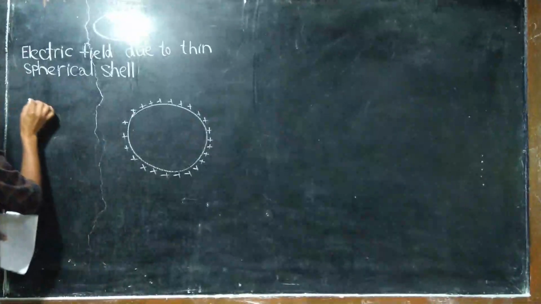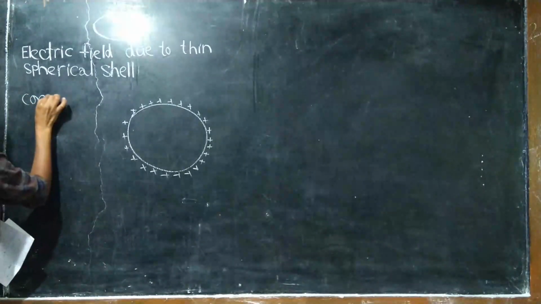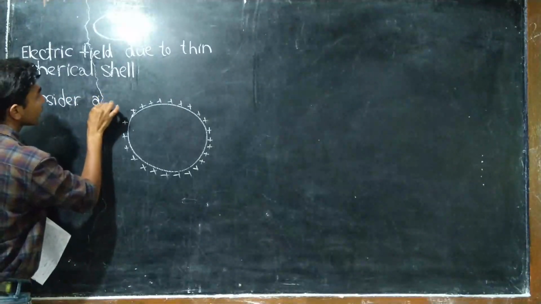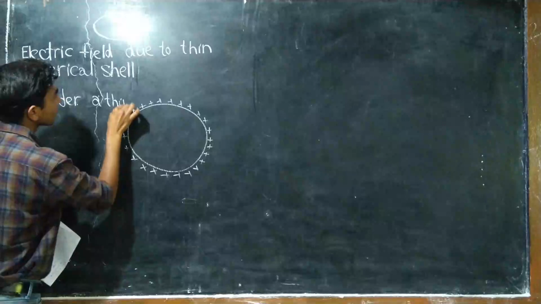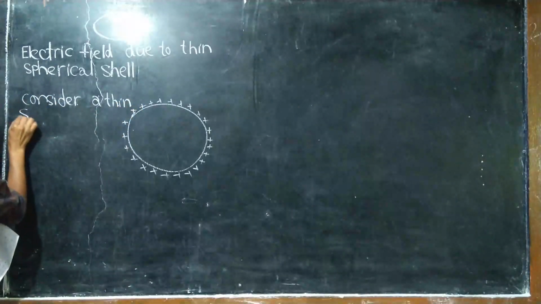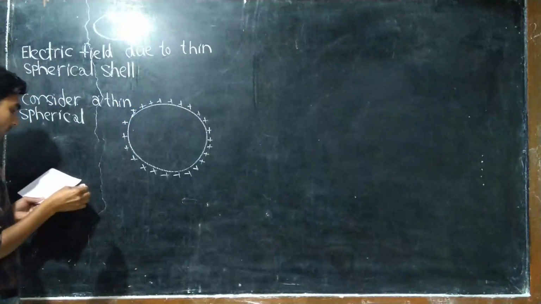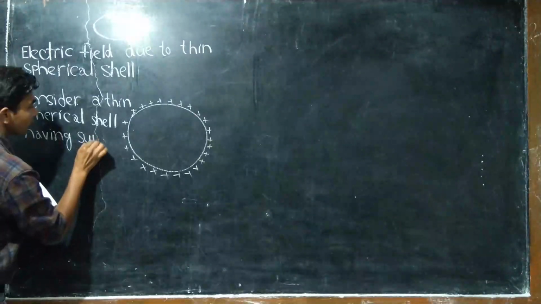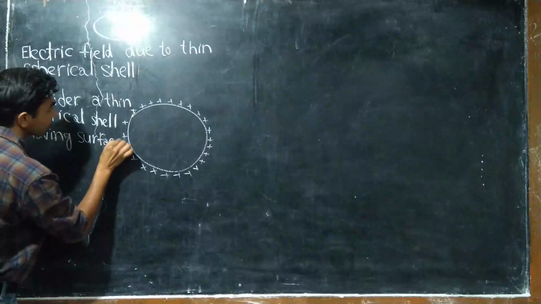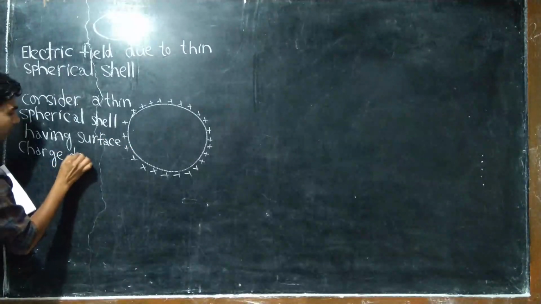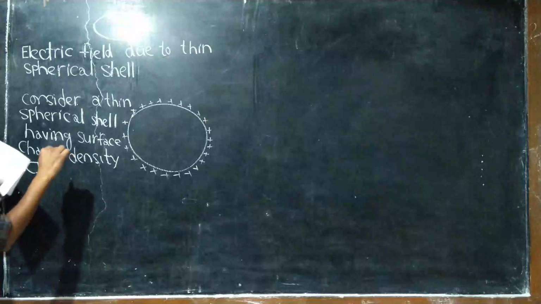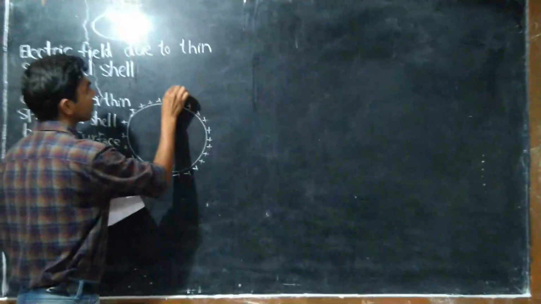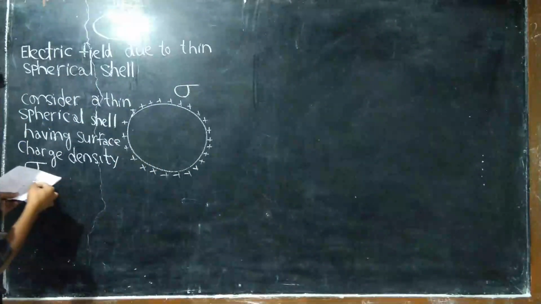So consider a thin spherical cell having surface charge density sigma. So this is your spherical cell, and it has surface charge density sigma.